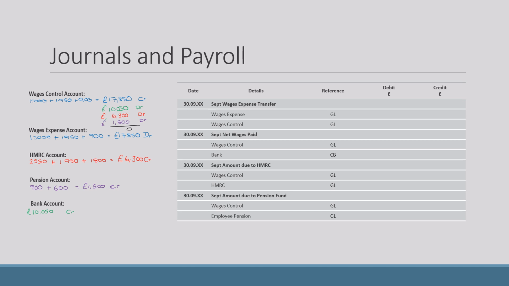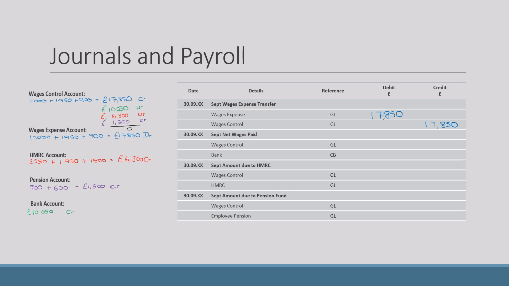Okay, so our wages expense account was going to be a debit of 17,850. Just follow this along as I'm going down from the left-hand side, where you can see our workings from the previous slide. And our credit there, following that colour, is 17,850.